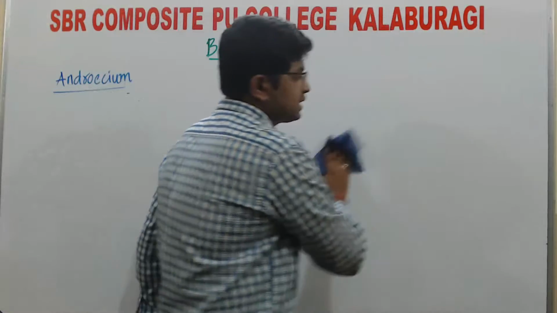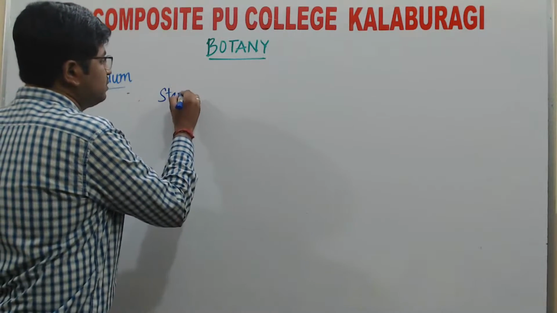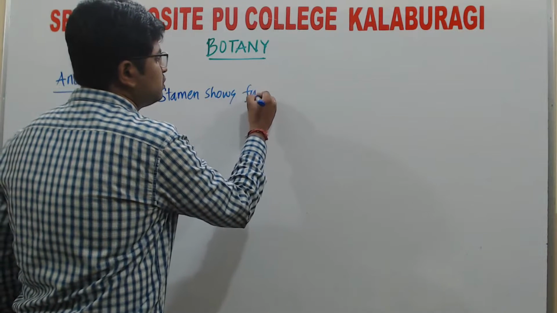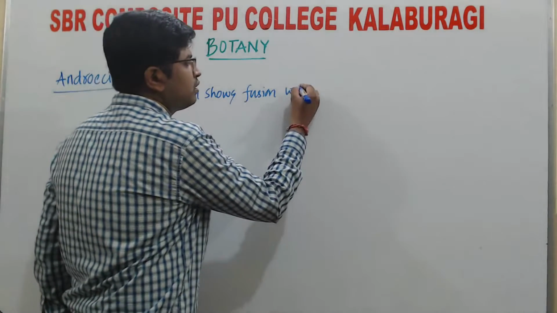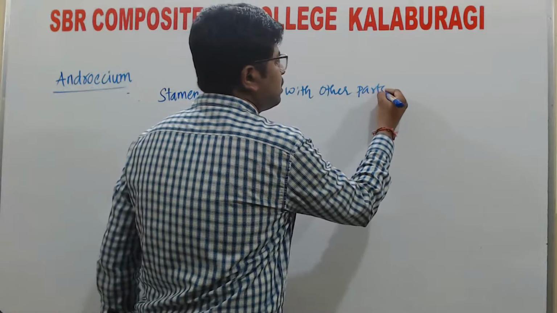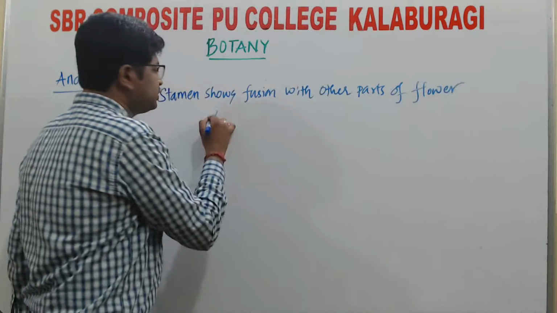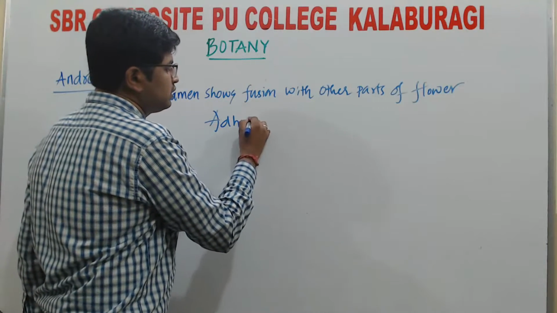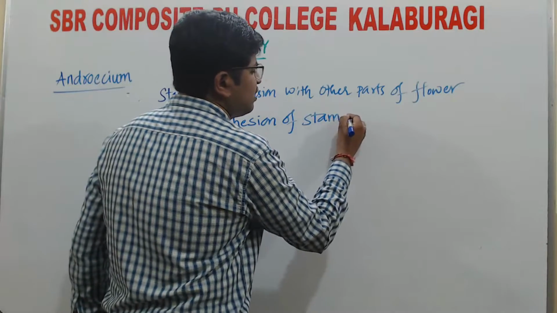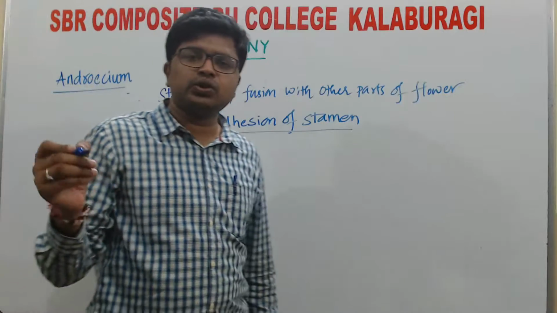When the stamen shows fusion with other parts of the flower, we call it adhesion. Adhesion of stamen: a stamen may show fusion with other parts.